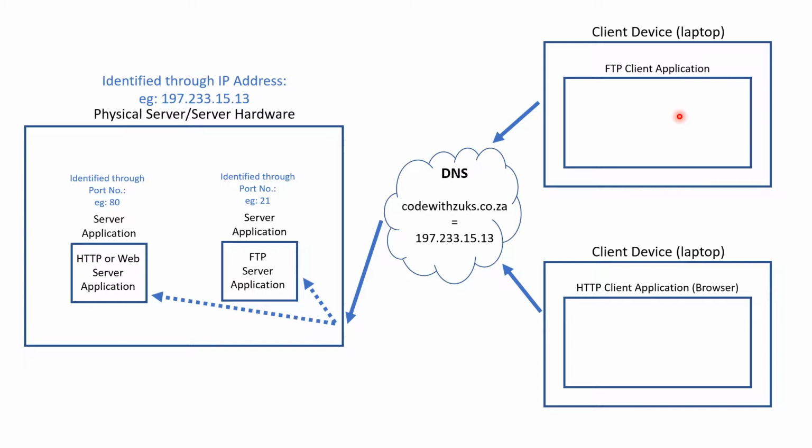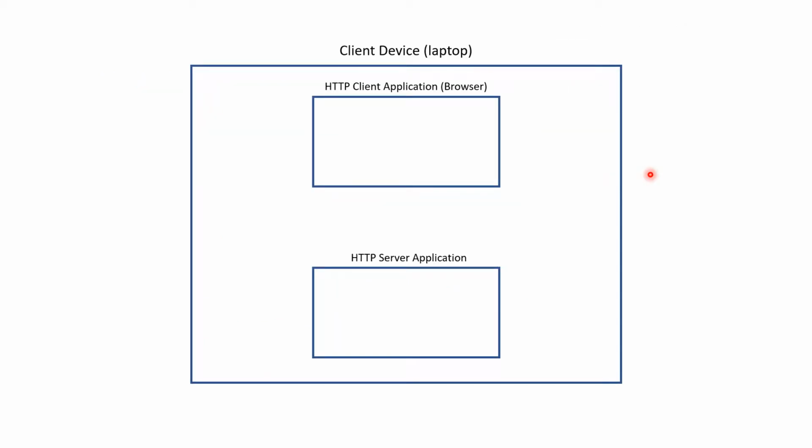So in order to avoid this, the application server, HTTP or web server application that is running on the server, you can actually install it on your own local PC, which would look something like this.